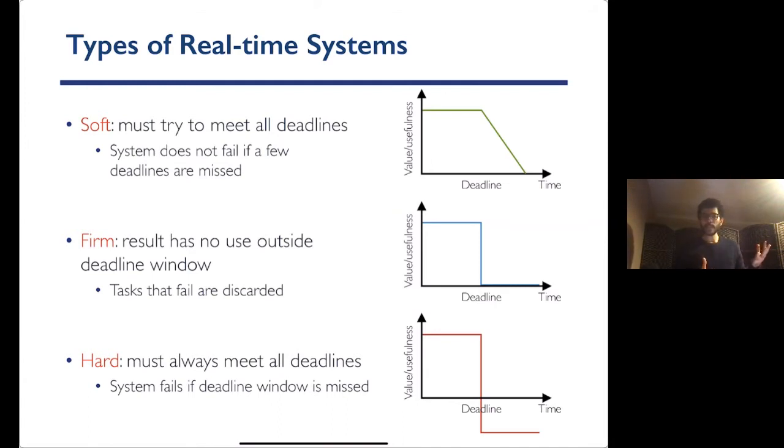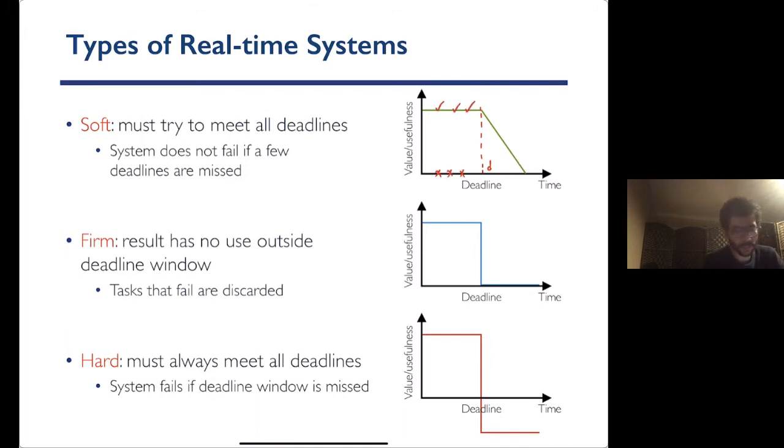Okay, so we have three types of real-time systems: soft real-time systems, firm real-time systems, and hard real-time systems. Let's say I have a task, and the task has a deadline. In a soft real-time system, this is the deadline I have for my task, D. If I finish my task anytime before the deadline, I'm happy.